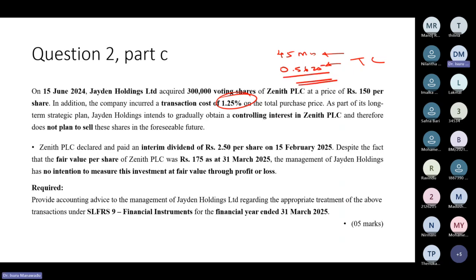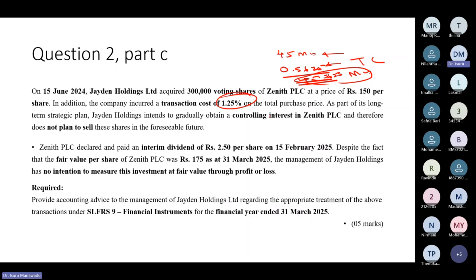Then the total value at the beginning is 45.5625 million. That's the initial value: transaction cost plus initial fair value.